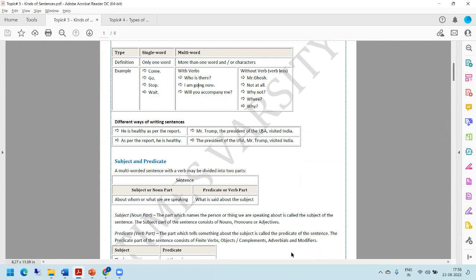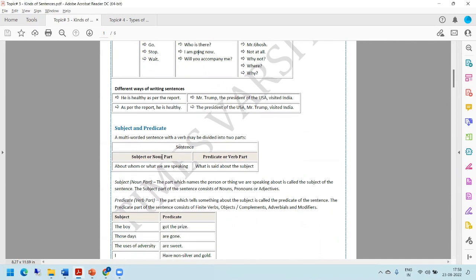If you look at any sentence, you find subject and predicate. The subject is nothing but about whom or what we are speaking. Predicate is what is said about the subject.